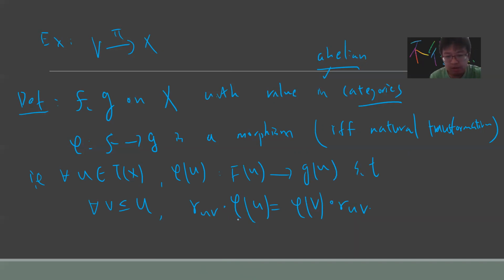I hope you guys can understand this equation. Because phi(U) maps to this, you can then do a restriction, so you can check that this is just very simple.